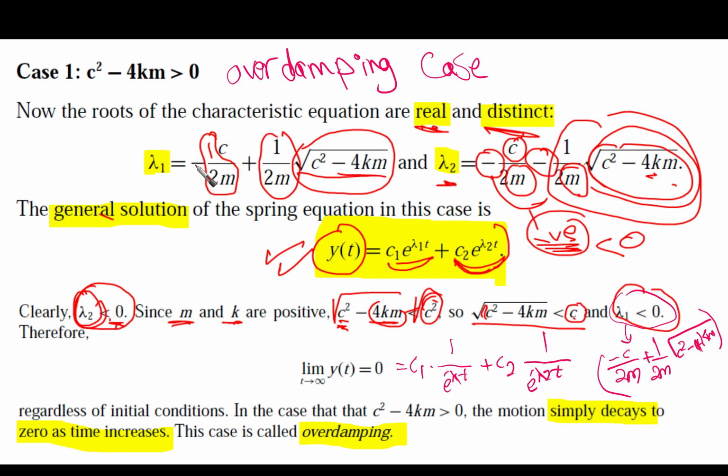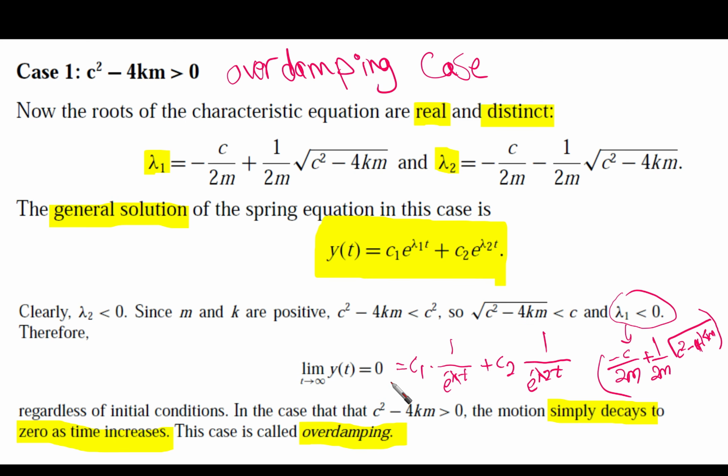So definitely this term is negative, this term is positive. This means that we are having lambda 1 must be what? Yes, negative. This should be less than 0, right? And this is what we have said here. Okay, so now let's go to the next part.